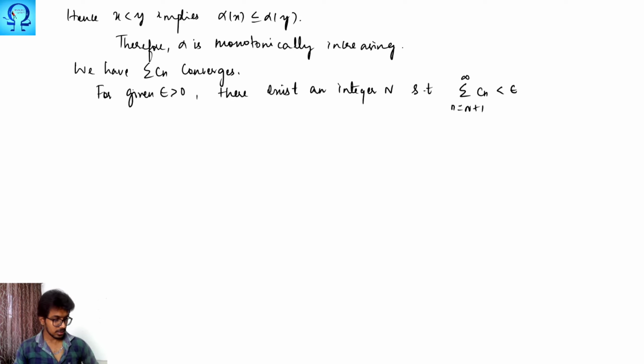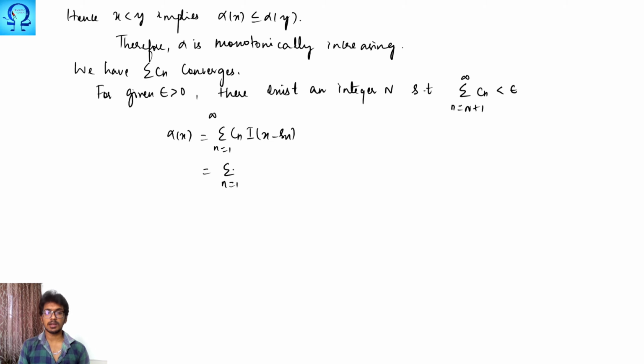And now let us consider alpha of x. This is the summation n runs from 1 to infinity of Cn I of x minus Sn. This summation we split into two terms: the summation n runs from 1 to N of Cn I of x minus Sn, plus the summation n runs from N plus 1 to infinity of Cn I of x minus Sn.